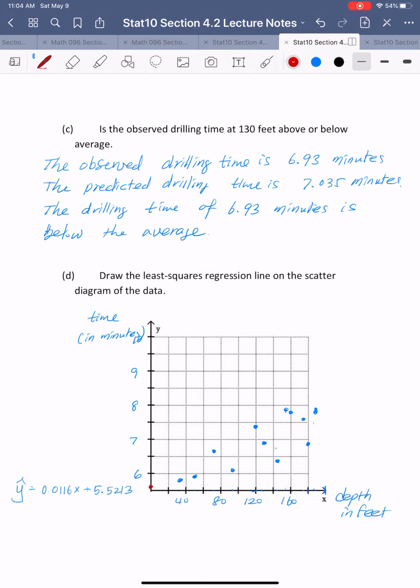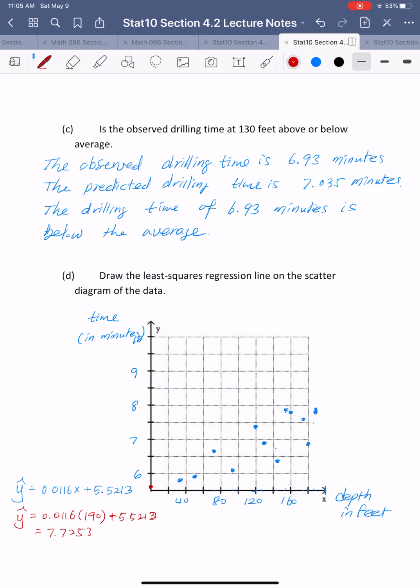And then if I plug in 190, I get 0.0116 times 190 plus 5.5213, which is about 7.7253. So it's about 7.7253.